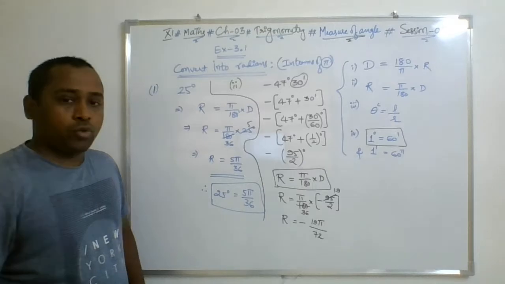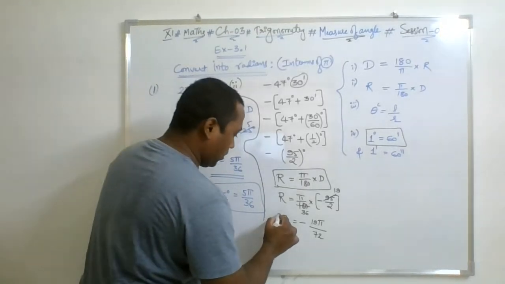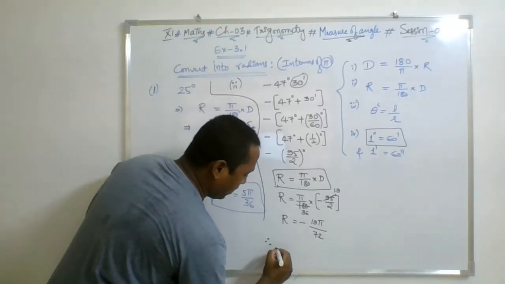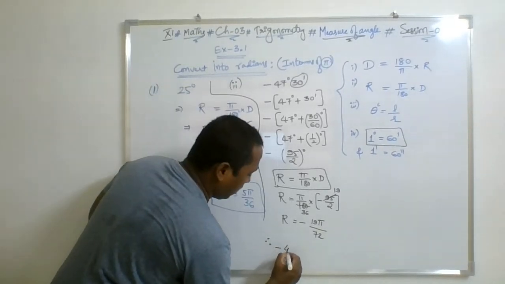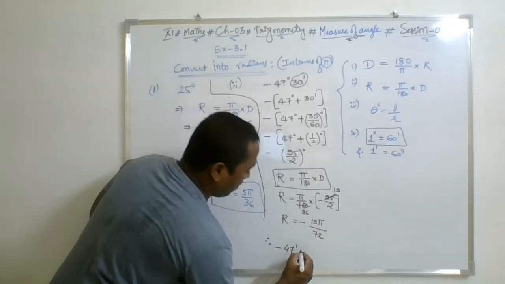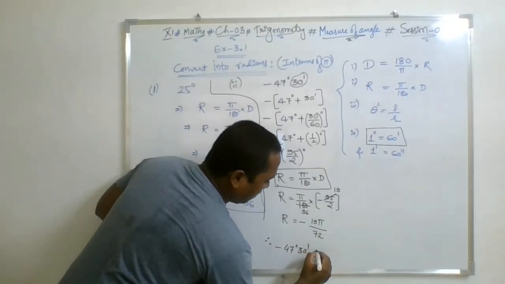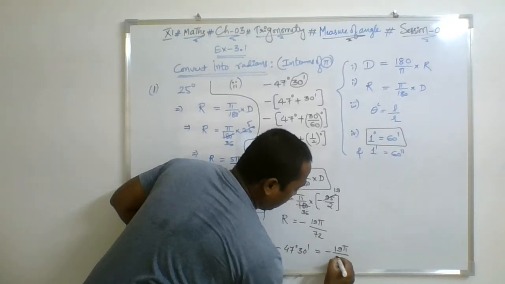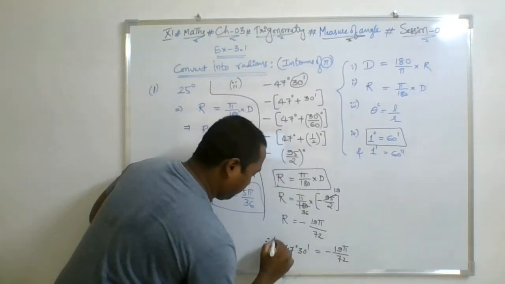This is my final answer. Therefore minus 47 degree 30 minutes is nothing but minus 19 pi by 72.